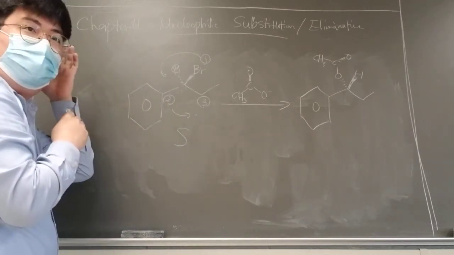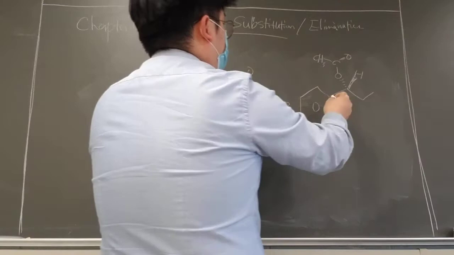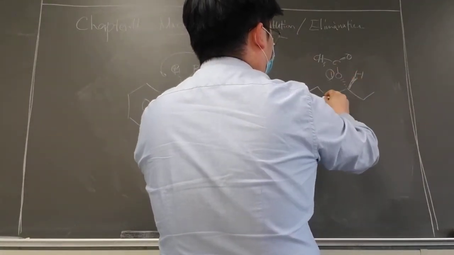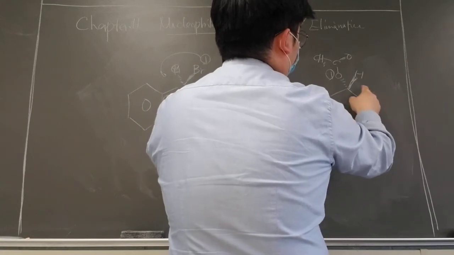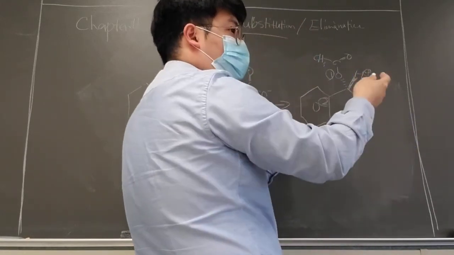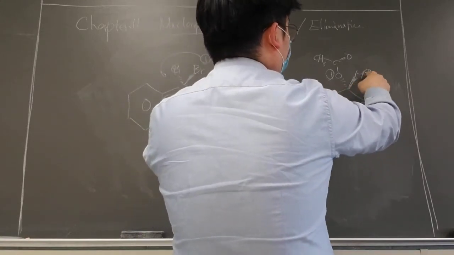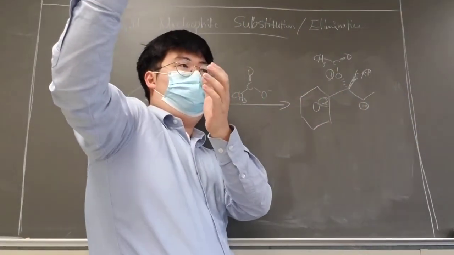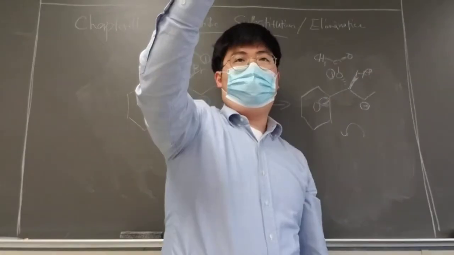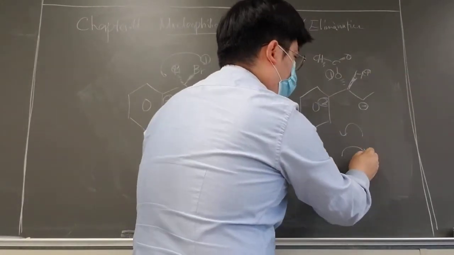You guys remember this way? Okay, and then if you switch the position here, this is the 1, 2, 3, but you have number 4, the least priority group on the Cahn-Ingold-Prelog convention, so you have to do it on this side. So even though it's still going this way, you have to put it this way, right? So it's still going this way.